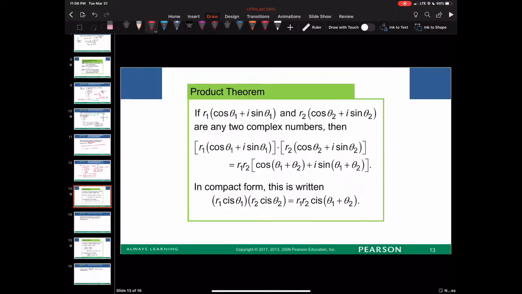All right. So now let's look at the product theorem.